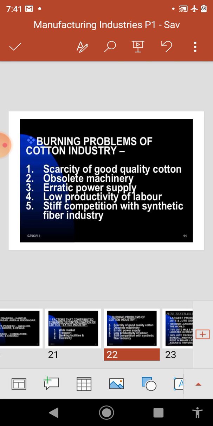After that, we will discuss some of the problems faced by cotton textile industries. First one, problem of raw material. The industry faces the problem of building up a regular supply of its raw material, that is cotton, which is inadequate in quantities. Despite the importance of the industry and long period of its growth, the position of raw material has remained unstable.